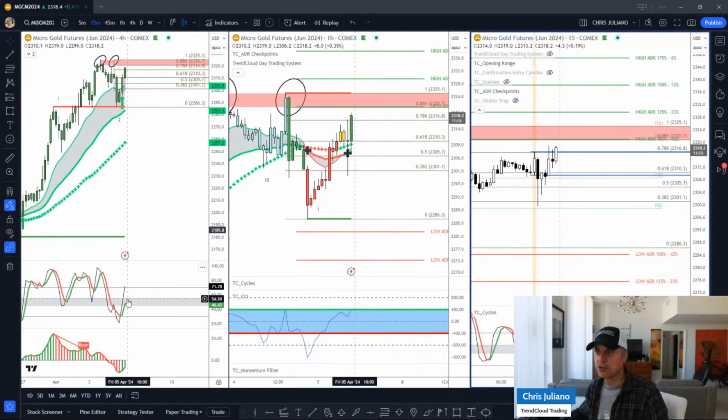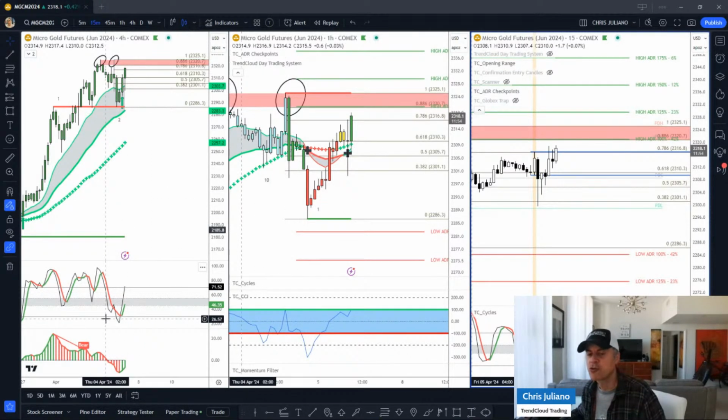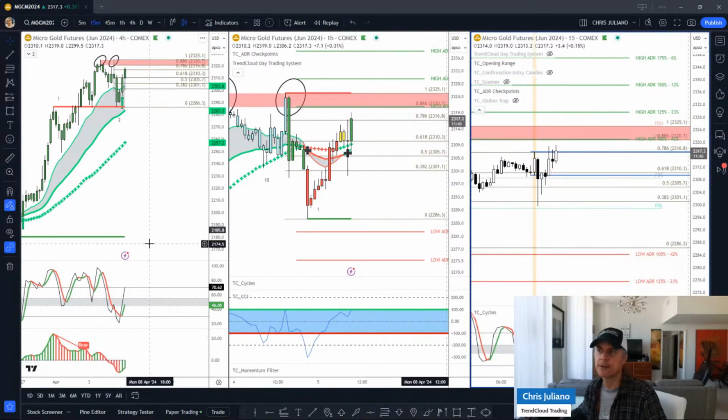And take a look at this. You're cycling up, which means you're impulsing. You're in an impulse phase. We like that. And we've got momentum on your side. Momentum is at your back. All on the high time frame, the most significant time frame. The most significant time frame is telling you all this information.